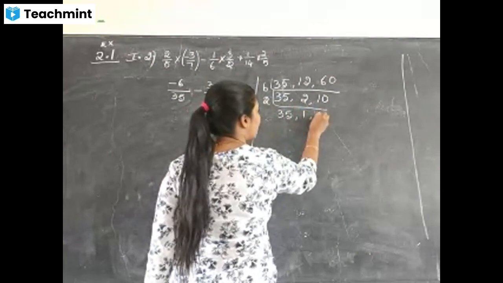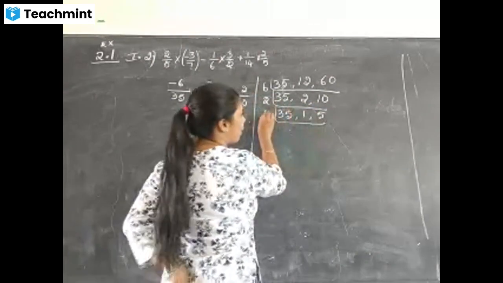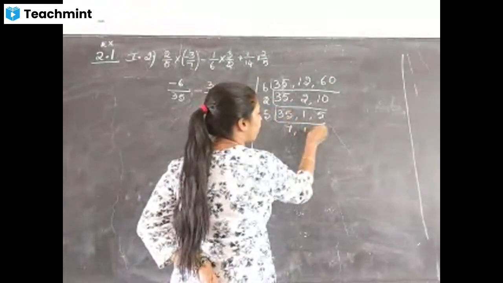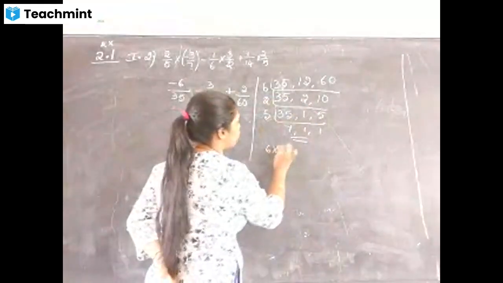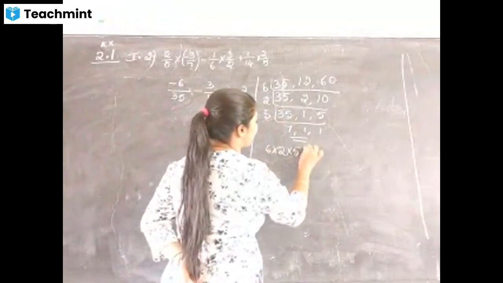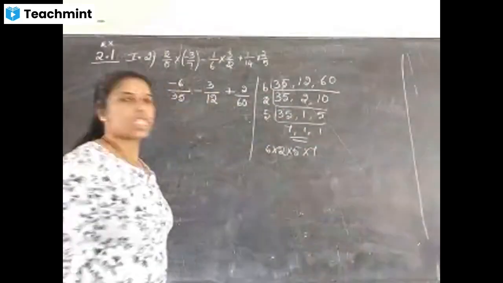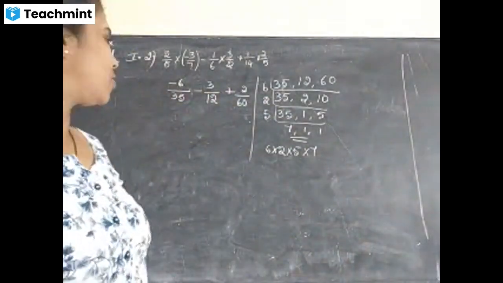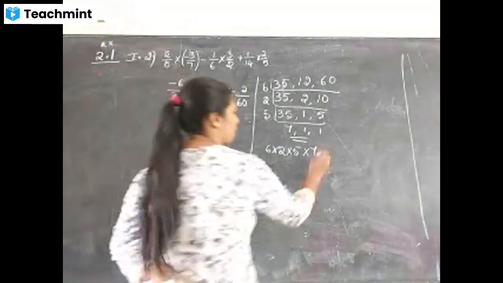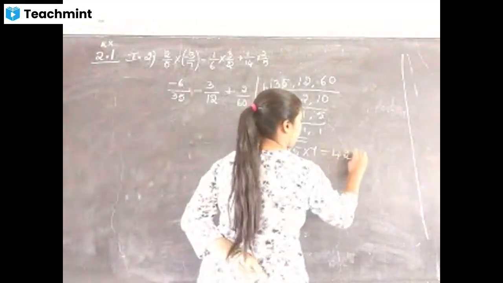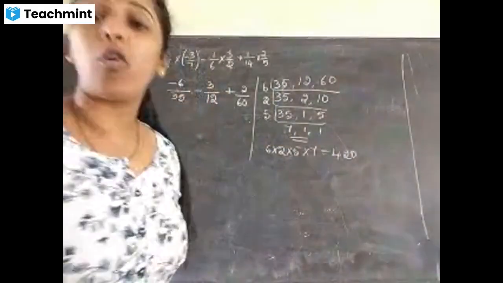Now 5 I can divide, 5 sevens are 35. So multiply 6 into 2 into 5 into 7: 6 twos are 12, 12 fives are 60, 60 into 7 is 420. So this is now 420.